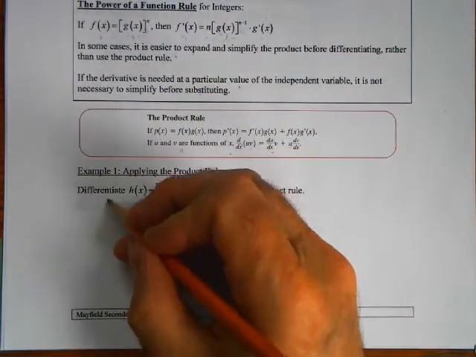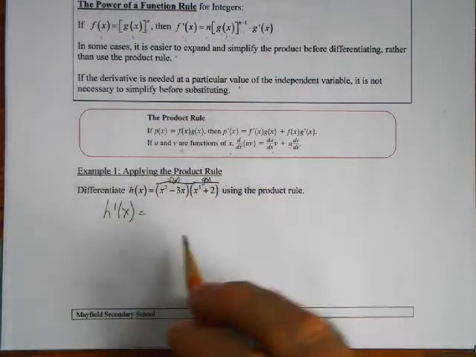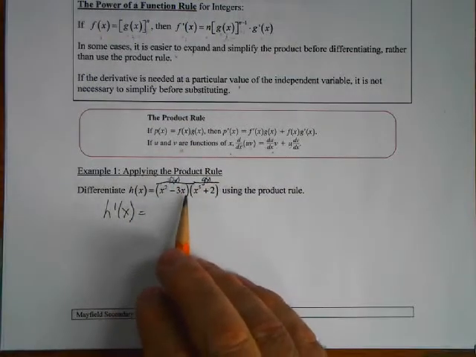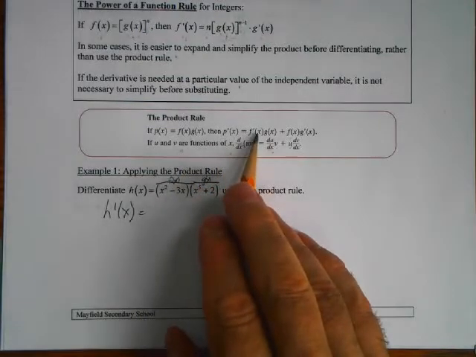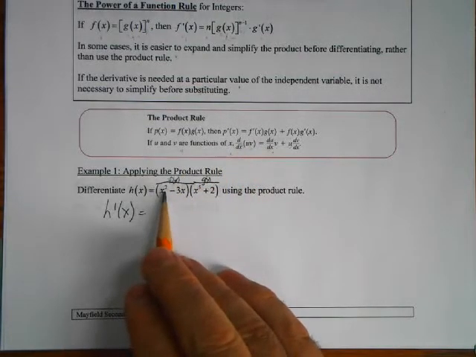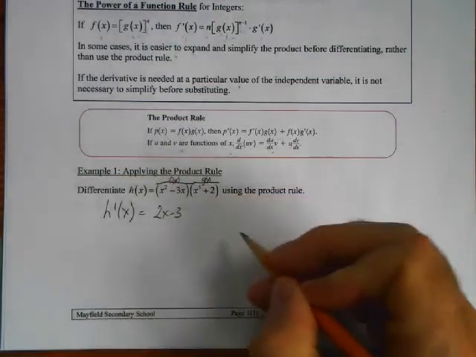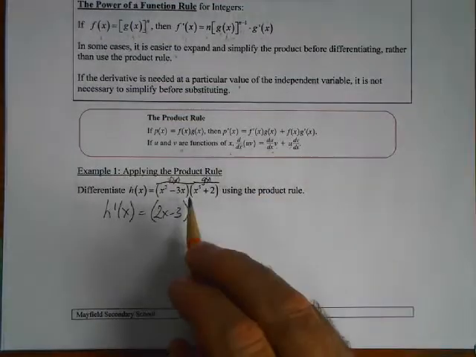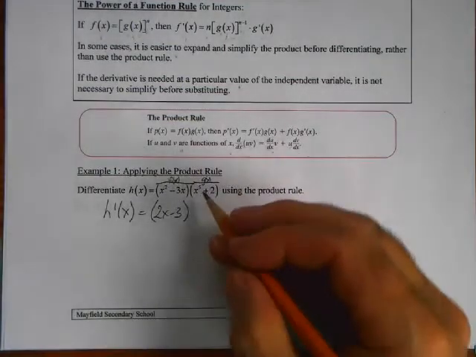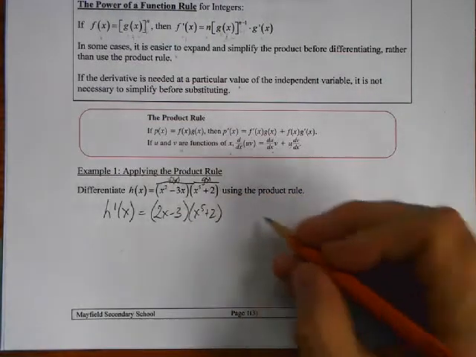So if I'm taking the derivative, h prime of x, okay, it's going to be, again, the order doesn't matter, but I'll go by the book here. It's going to be f prime of x, so the derivative of this. So the derivative of this is 2x minus 3. Make sure that's in brackets because we're going to multiply this. Then we multiply with g of x, so that doesn't change, x to the 5th plus 2.